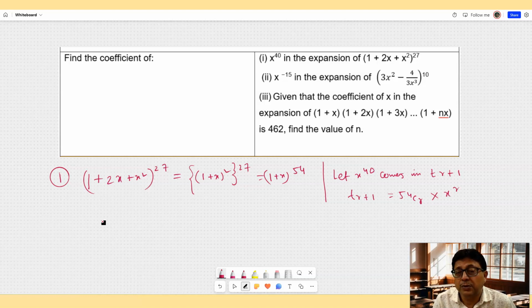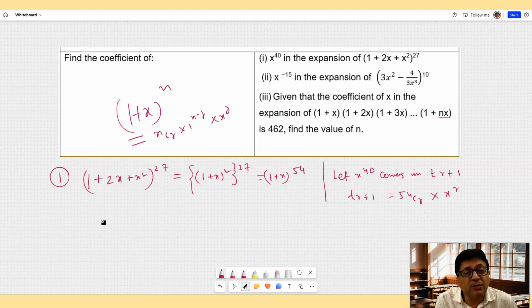This you know. For 1 plus x to the power n, what is the coefficient of x to the power r? I mean T r plus 1 is what? It is nCr 1 to the power n minus r x to the power r. 1 to the power anything is 1. So it is nCr into x to the power r.